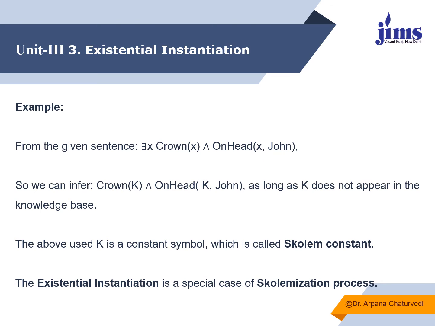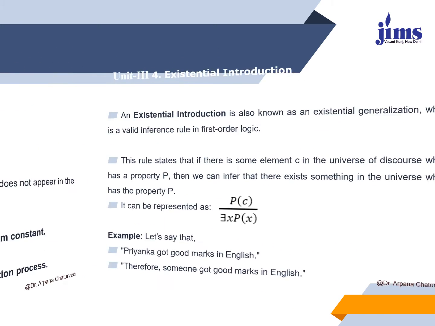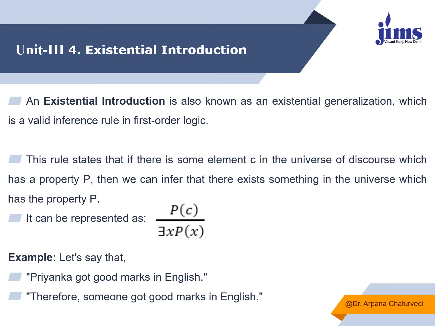Now see, in the case of introduction, we can convert the constant or instantiated variable into a general form. So how do we do that? Here, existential generalization takes place, which is a valid inference with respect to the subject domain.